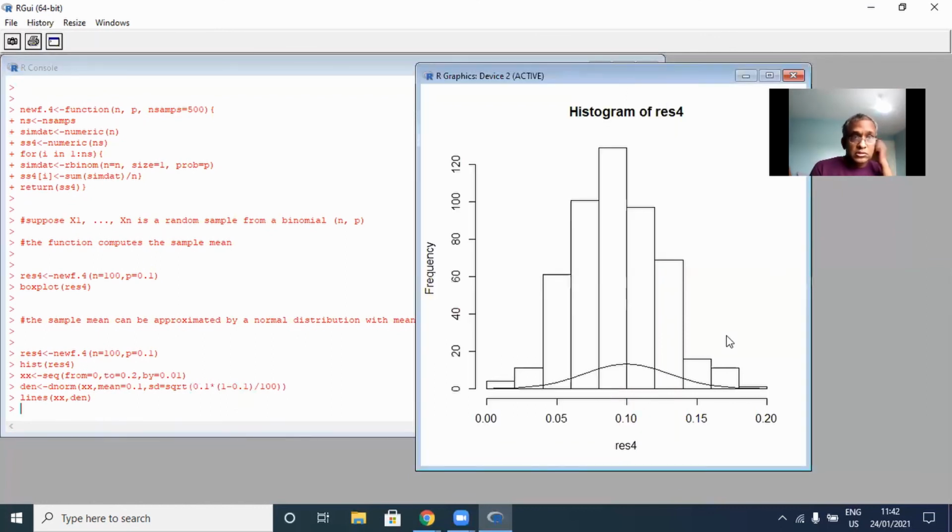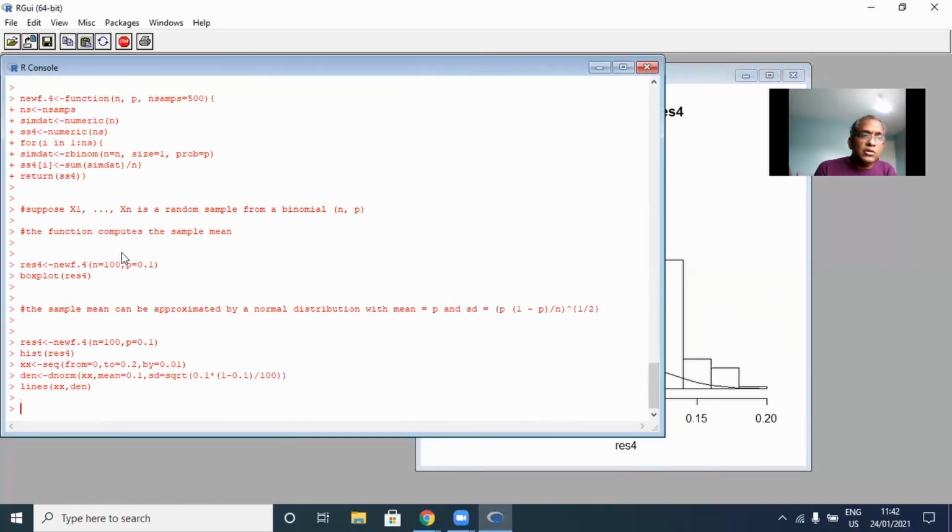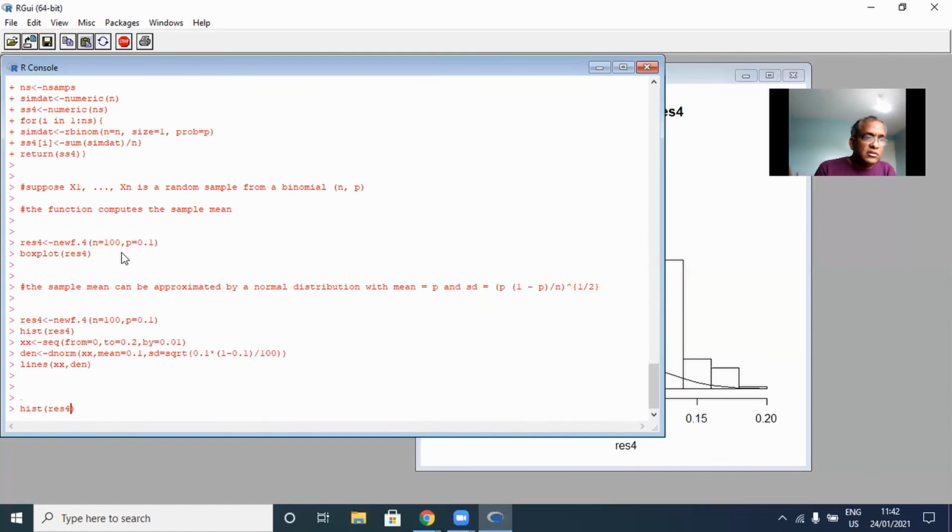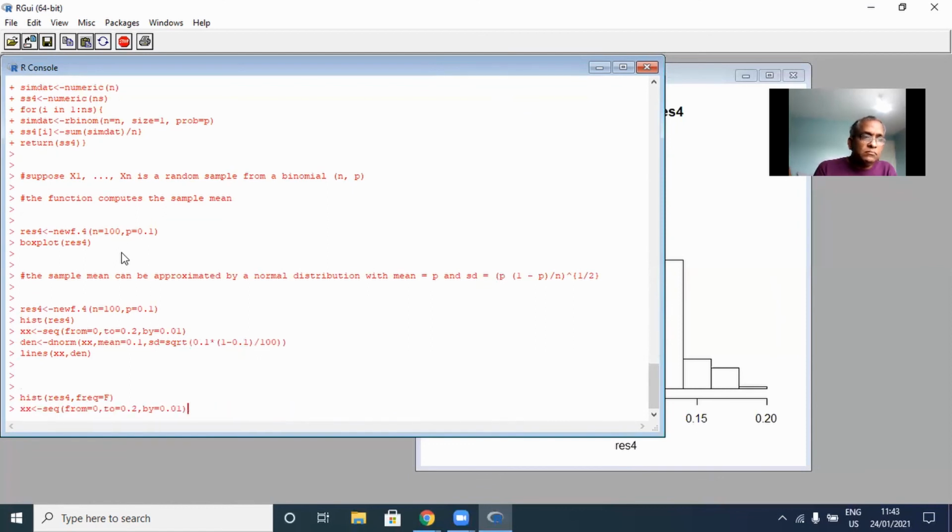So this is what you get, but I made a mistake here, as you can see. The mistake is that when I did the histogram, I should have used freq equal to FALSE. Let me repeat it again, just to be careful: when you want to compare with the density, you should always have freq equal to FALSE.